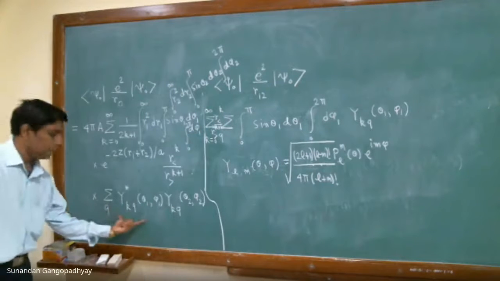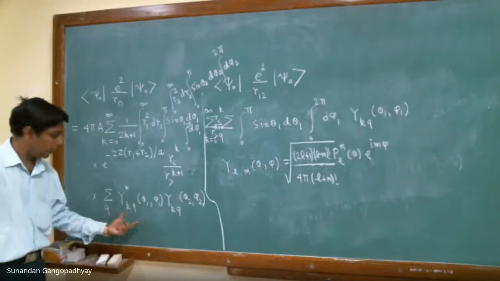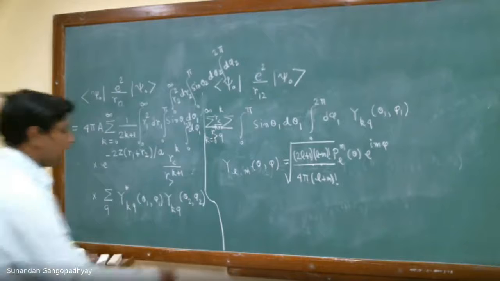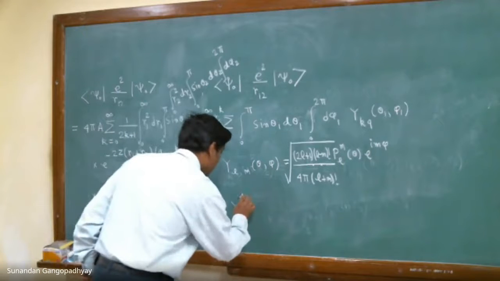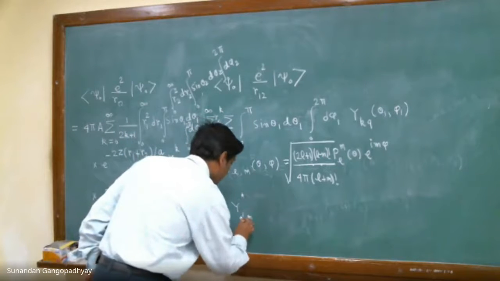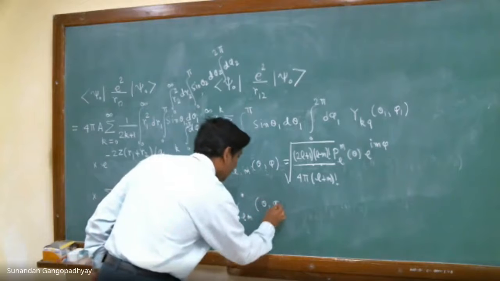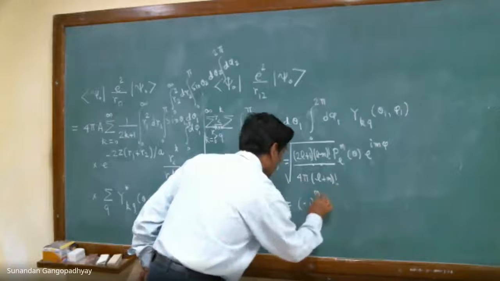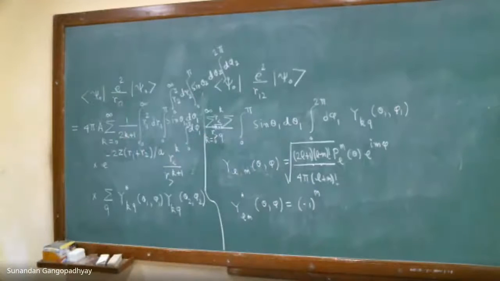And for this thing, this is Y star of kq(θ1, φ1). So there is another relation between the spherical harmonics itself. Y_lm(θ, φ) star is basically equal to (-1) to the power of m times Y_l,-m(θ, φ). So you need to use this relation.